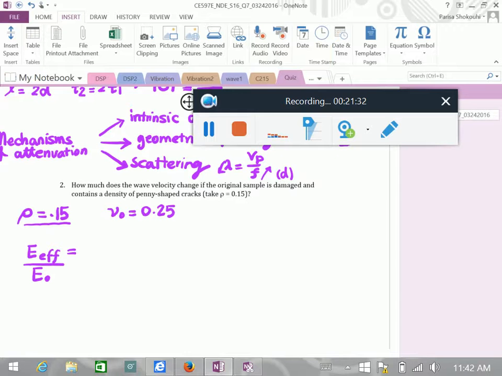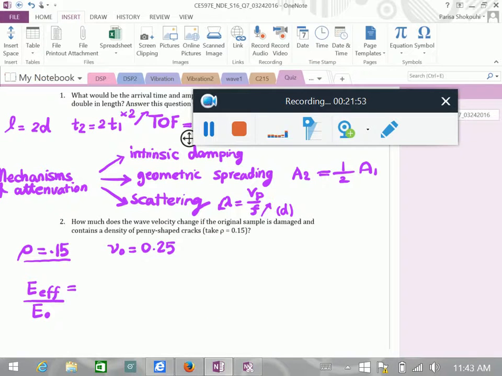Anyone has a number? 0.791. Okay, let's get more than 1. 1.26. This is what I want, the effective. And you have one power. 1.536. Again, a similar answer is shown. You have the same? Okay. 0.791. How about G?